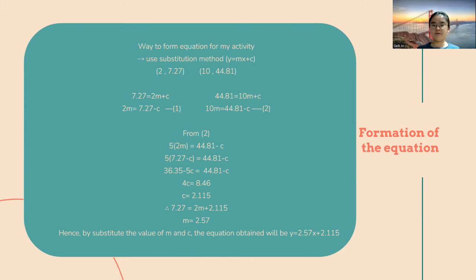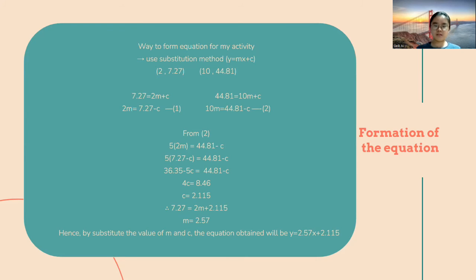And now that I have found c, I'm going to find the m, which is the gradient. I can find the m by substituting the value of 1 point and also the value of y-intercept into the equation. So after substituting, the value I obtained for m is 2.57.